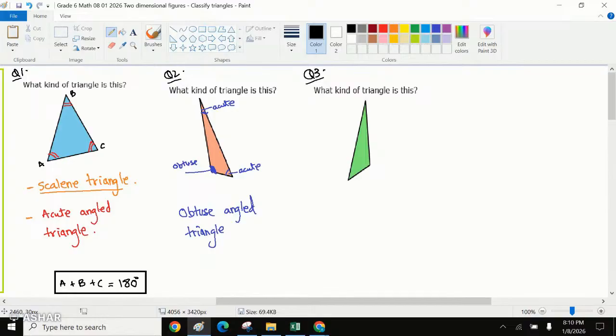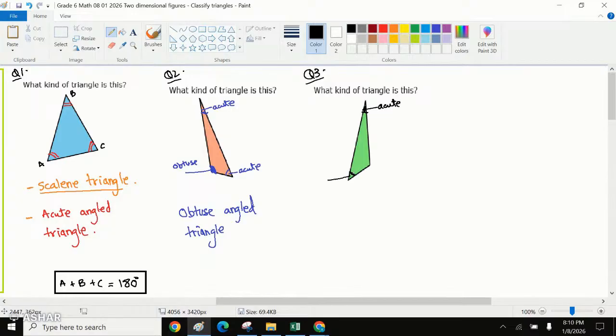So if we have a triangle that is scalene, right? But they're asking what kind of a triangle. So we will say either it's obtuse, acute, or right. So can we say that this angle is acute?